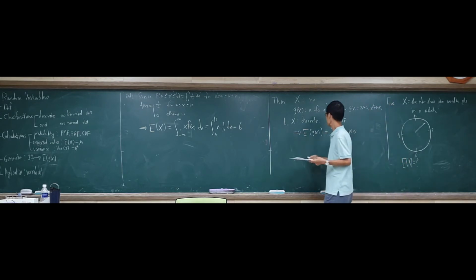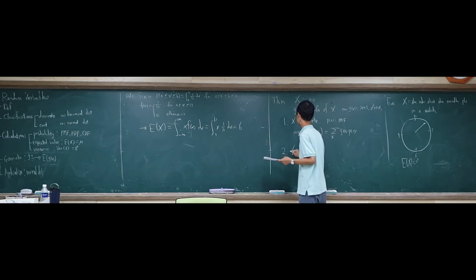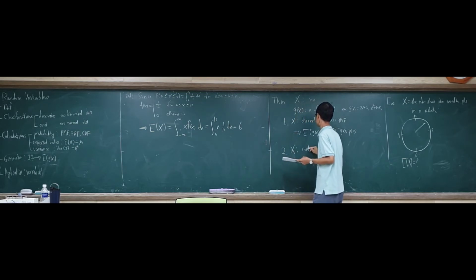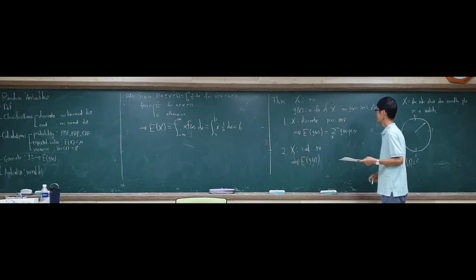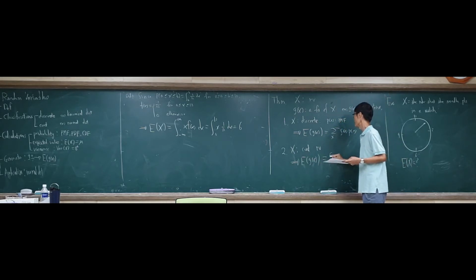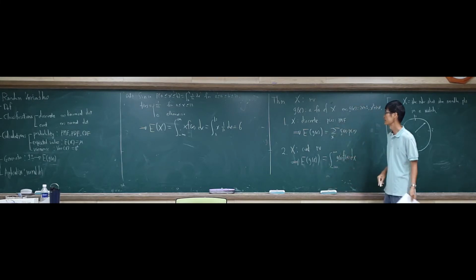And if x is a continuous random variable, then E of g(x) can be obtained by integrating g(x) multiplied by f(x) dx. You can prove this just by calculation.